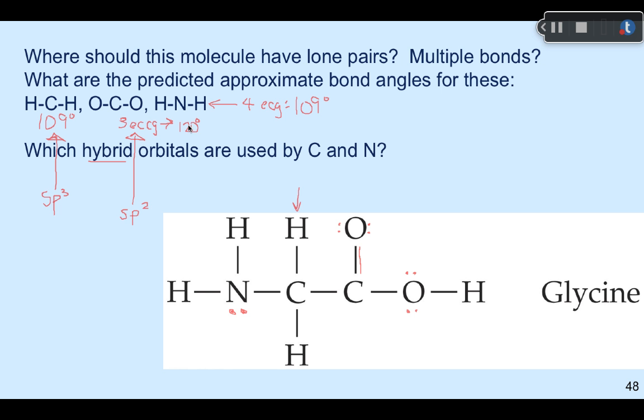And the nitrogen has 109 degree angles. That would again be tetrahedral geometry and 4 electron charge clouds resulting from 3 p orbitals and 1 s orbital, making a set of 4 equivalent orbitals in tetrahedral geometry. We call that sp3. All right, try not to make this any more complicated than necessary.